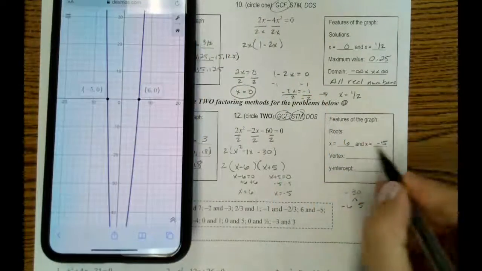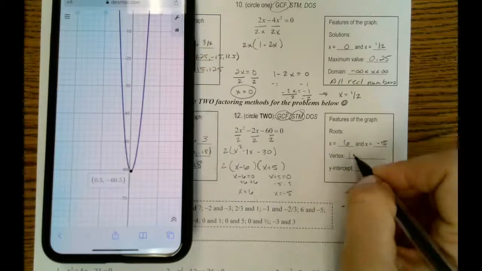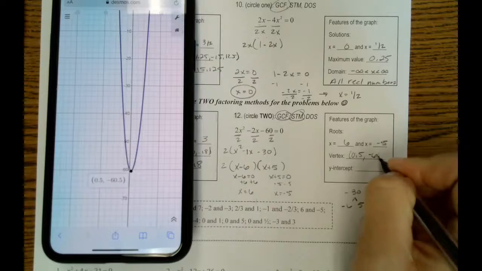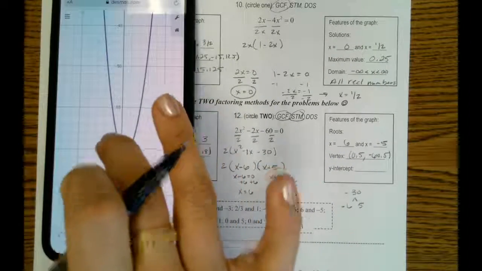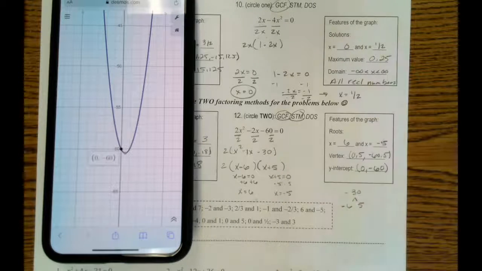There we go, negative 5 and 6. Our vertex is 0.5, negative 60.5. Oops. I'm going to zoom in, and our y-intercept is 0, negative 60.